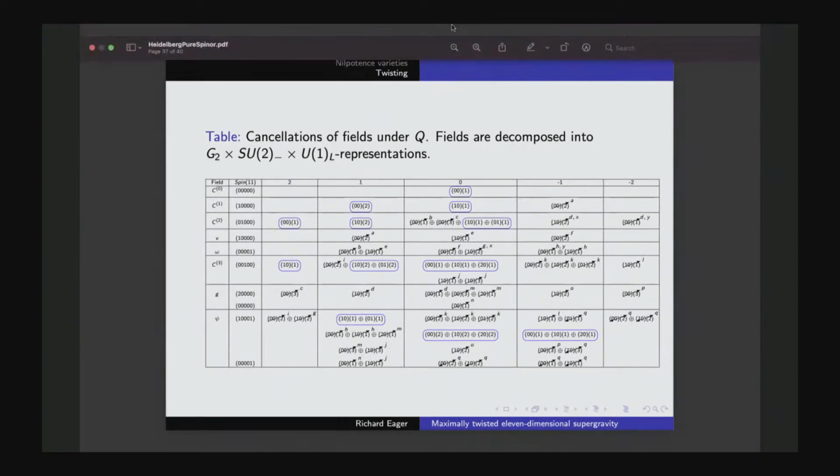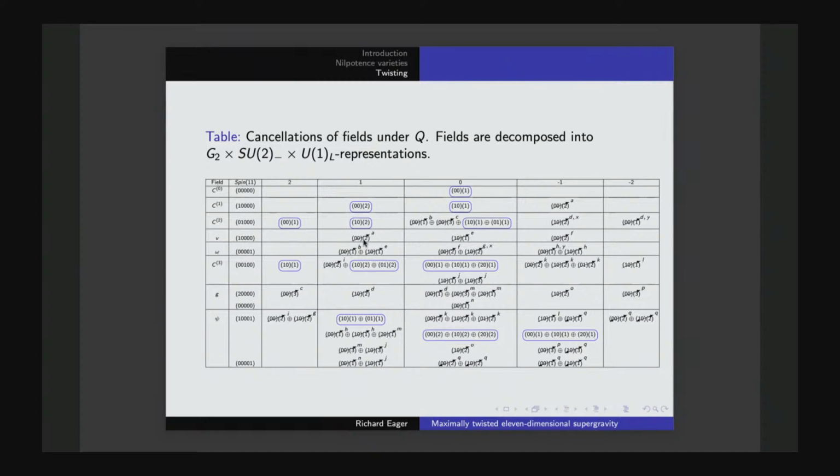And then what we want to do is take all of the field content, and this is coming from our paper, where each arrow shows a cancellation. So for example, this cancellation of the components of the vector ghost.